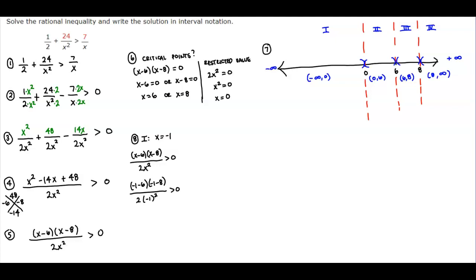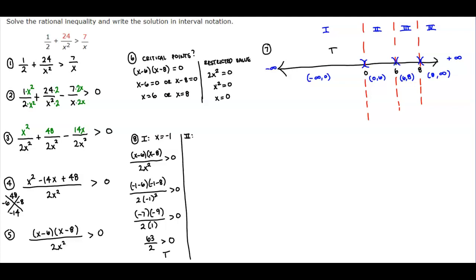We get -7 times -9 over 2 times 1. -7 times -9 gives us positive 63 over 2, and that number is greater than 0. So it's true in region number 1.